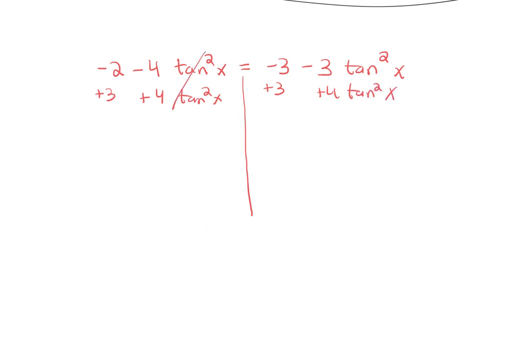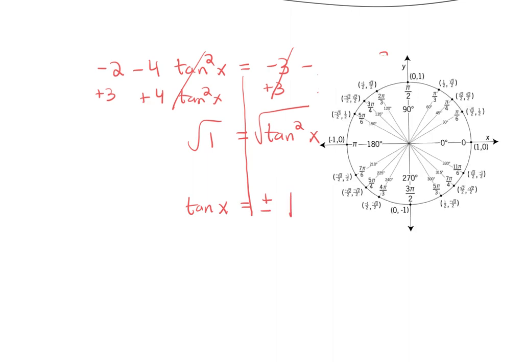So this cancels, so then I have 1 equals 1 tangent squared x. And then square root both sides. So I'm going to bring my tangent to the left, so then tangent of x is equal to plus or minus 1. Okay, so where is tangent 1?